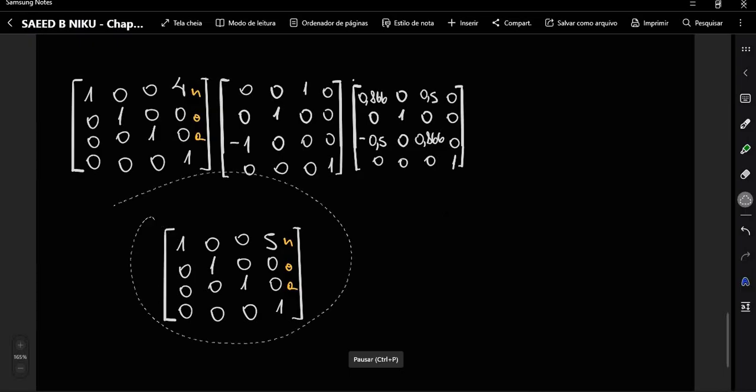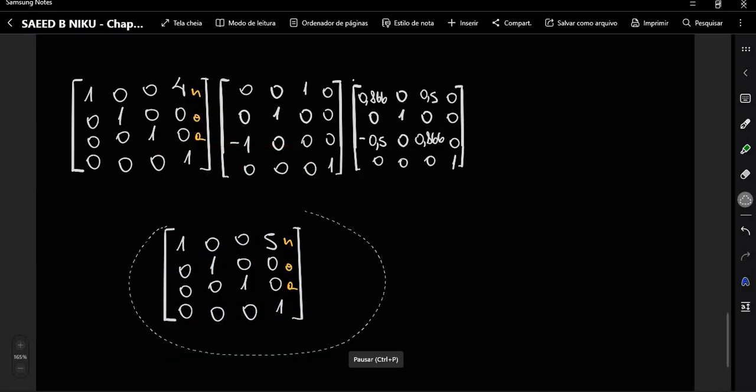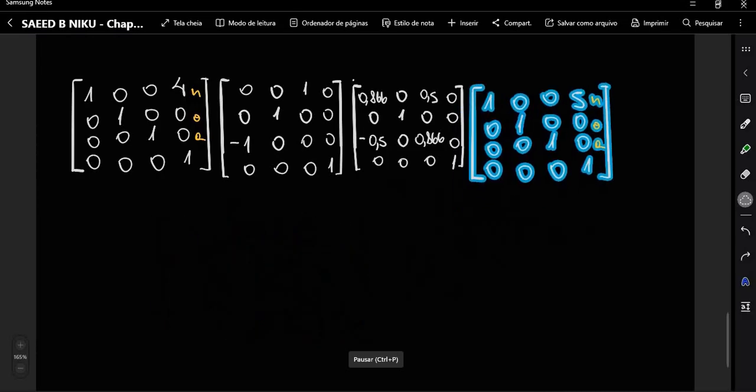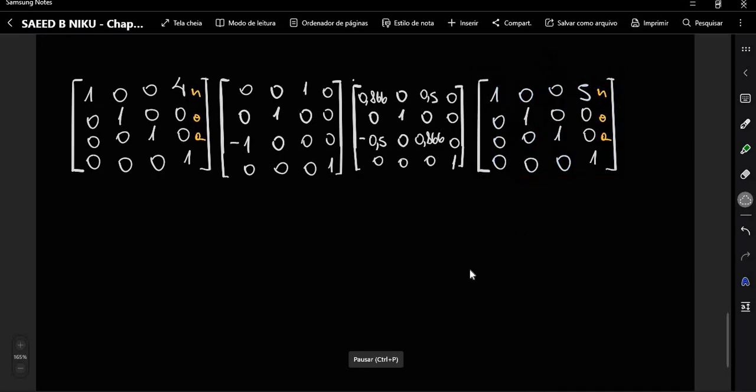And doing this multiplication, we obtain the following matrix, and that's it.